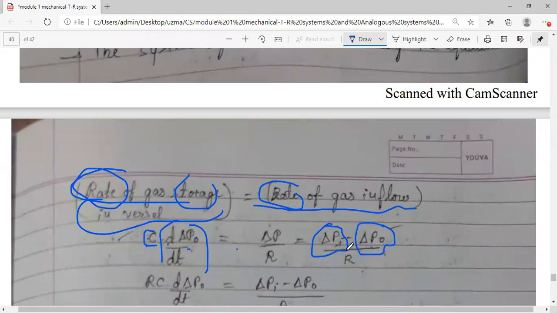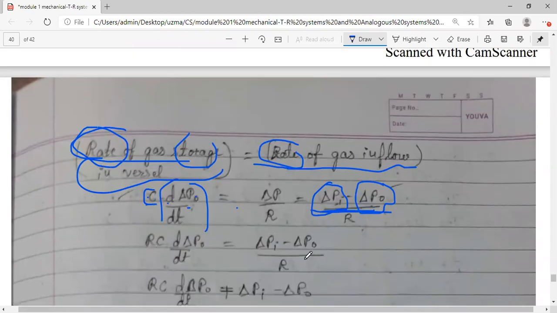If you take the difference, you will get the storage amount, right? It is just like that. In the case of liquid level also we took the difference, then we got the storage amount divided by the resistance offered by that vessel, divided by R. Now we have got the equation. Simple rearrangement. You can just let me know what is the input and what is the output for the system.